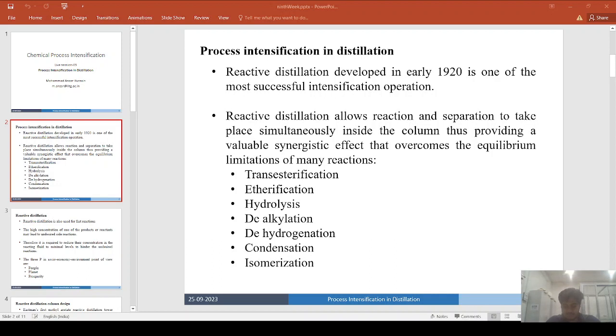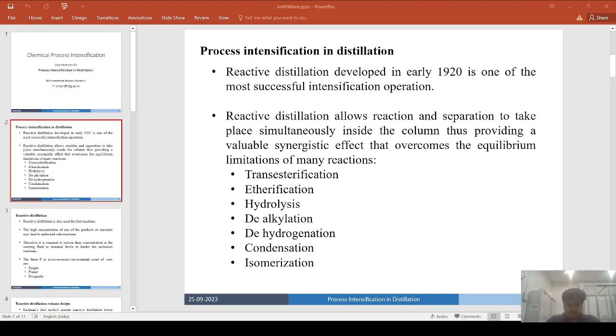So what happens is you combine the reactor unit operation, where you are performing the reaction, and you are also simultaneously performing distillation as the separation task. So you are combining both reaction and distillation together as a reactive distillation operation.